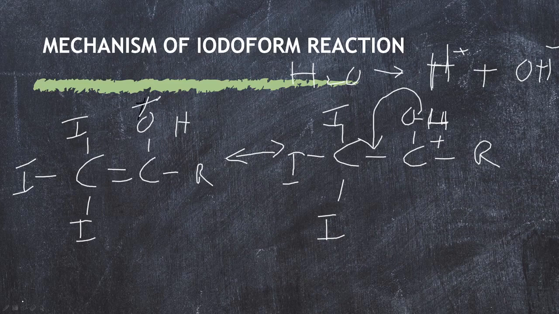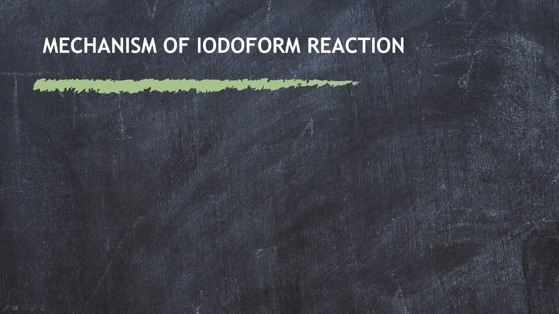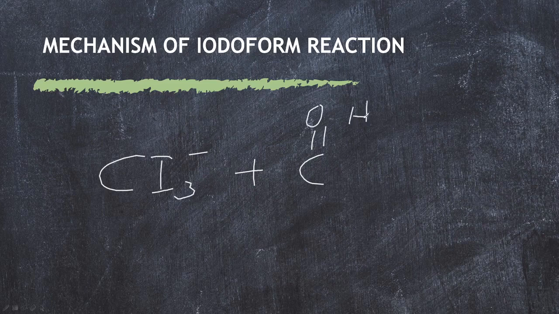Now this intermediate, like I said, is unstable. So this tri-substituted carbon group, let me represent it with a different color, is going to be kicked out in order to balance itself and lead to the formation of this: the CI3 minus plus the C, let's say now double bond O, let's say the H is still here, and then the R group.